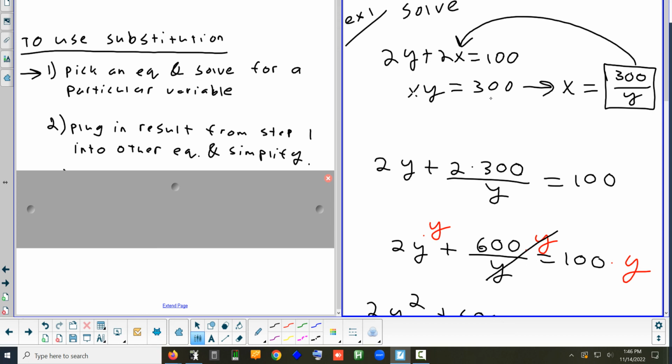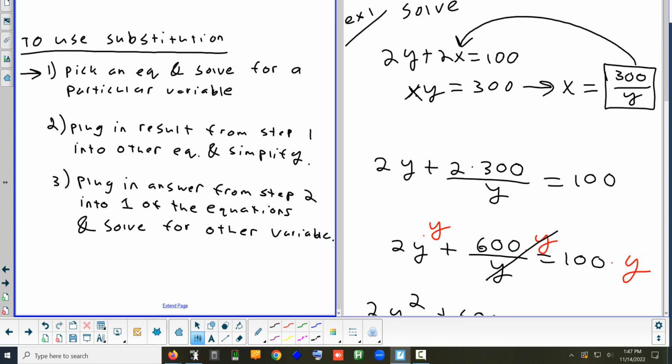So we can find x very easily. And that's step 3. Plug in the answer that we got from step 2. And where do you plug it back in? Doesn't matter. Just plug it back into one of the original equations. Pick the easiest one. And solve for the other variable.